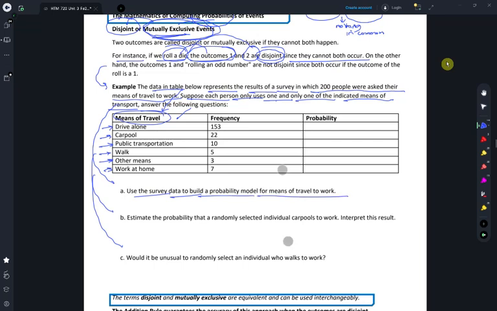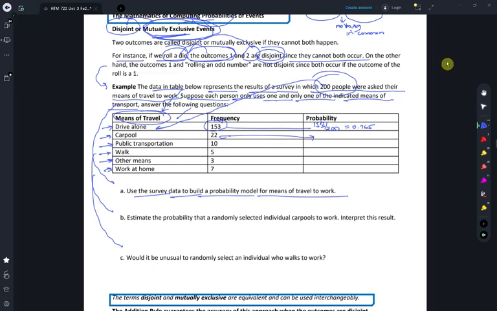Well, using the relative frequency method, the probability that I'll pick one person out of these 200 people who drives alone will be 153 out of 200. Okay, and that is the same as 0.765, if I want to write it in decimals, though that's not necessary.